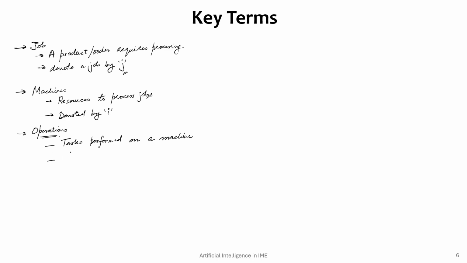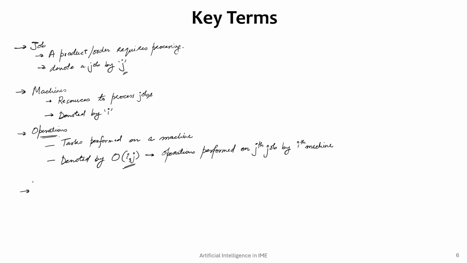And these can be denoted by O of i comma j. Okay. And how do we read this? It is the operations performed, so this is denoted by O i comma j, and we can read this representation as operations performed on the jth job by the ith machine.